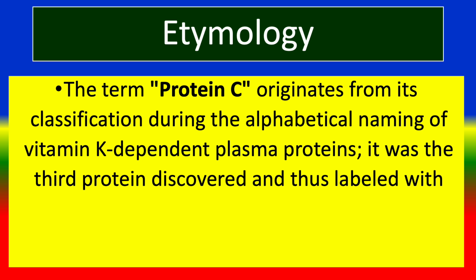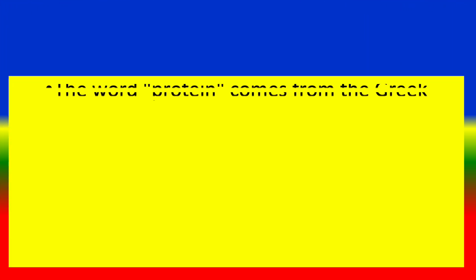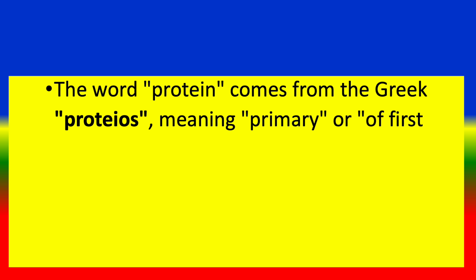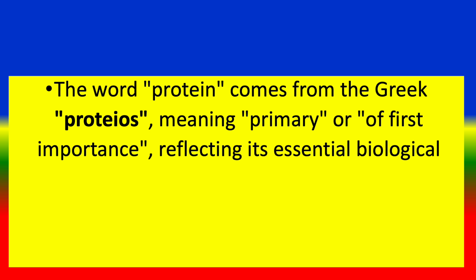It was the third protein discovered and thus labeled with the letter C. The word protein comes from the Greek proteus, meaning primary or of first importance, reflecting its essential biological role.